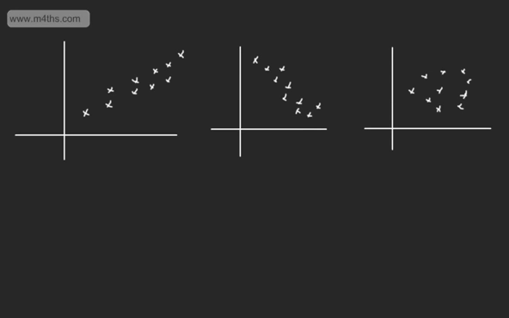Generally speaking, if the modulus of R is between 0 and 0.1, there seems to be no real linear correlation. For example, if you had a product moment correlation coefficient of negative 0.06, that would suggest that there's no real linear correlation. If we have between 0.1 and 0.3, we can say that there's a small correlation.